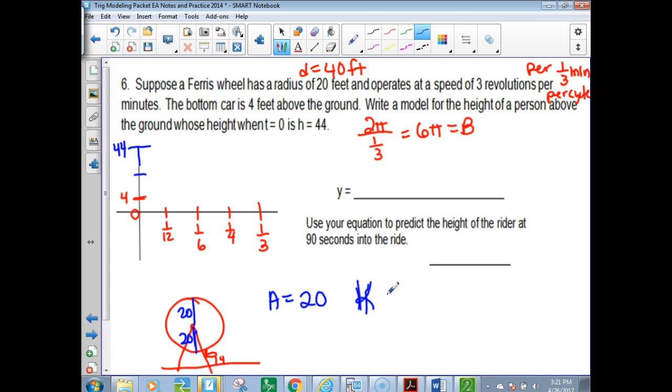K is equal to 44 plus 4 divided by 2, which is 48 divided by 2, or 24. That's your center line. Think about it: 20 up from 4 is 24, and 20 down from 44 is 24. Does it make a little sense? There's our center line.